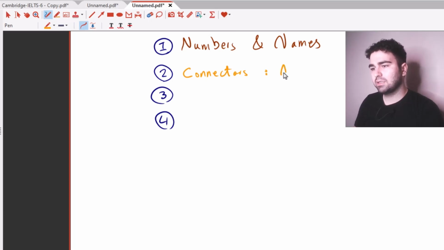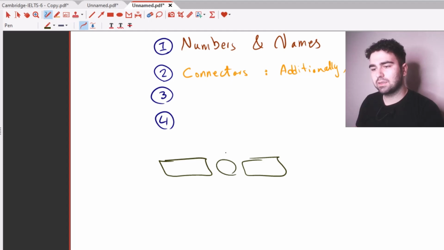Connectors such as additionally, for example, or for example. Basically, it is anything that pops between two sentences, not necessarily in between. In some styles of writing, you can see them at the end, but again, we're talking about the basics here in the reading section. In the writing, we will cover all of them.